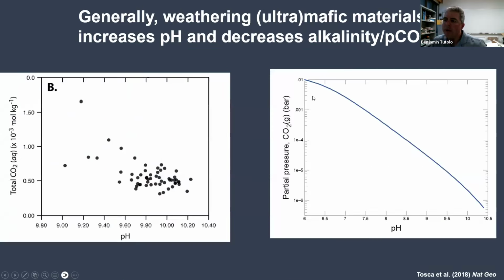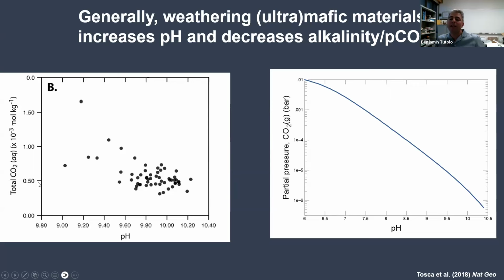Okay, so importantly, it is easy enough in basaltic materials to get to lower partial pressures of CO2. So as waters infiltrate from Earth's atmosphere into the subsurface in Iceland, so that's what this stuff is on the left-hand side here, as these solutions go from atmospheric PCO2 down into the subsurface of the aquifers in Iceland.